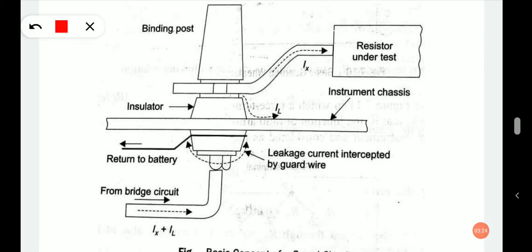It can be seen from the figure that a leakage current IL flows along the insulated surface of the binding post, and another current Ix flows through the unknown resistor.